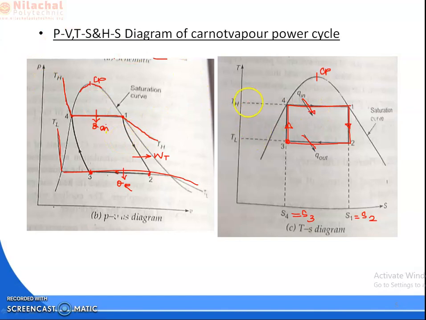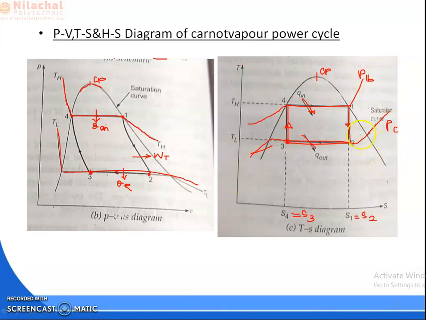This is your temperature TH. This one is your constant pressure line P1, or you can say boiler pressure, and this one is your condenser pressure. You see that in the TS diagram, these are constant pressure lines, from boiler pressure to condenser pressure.